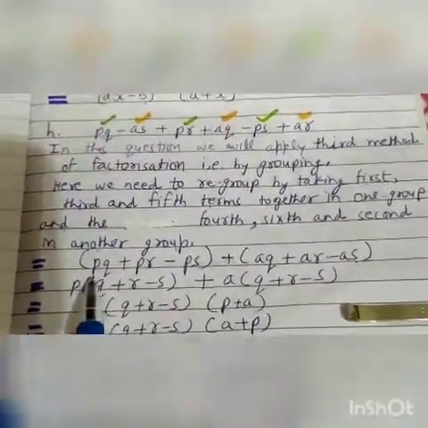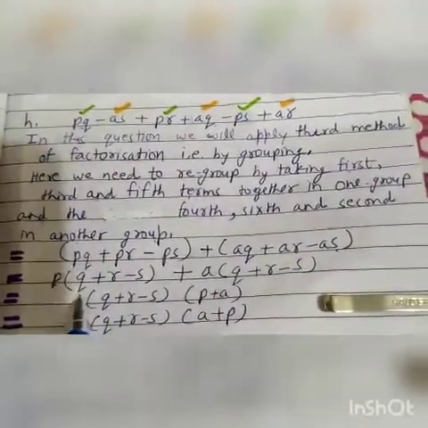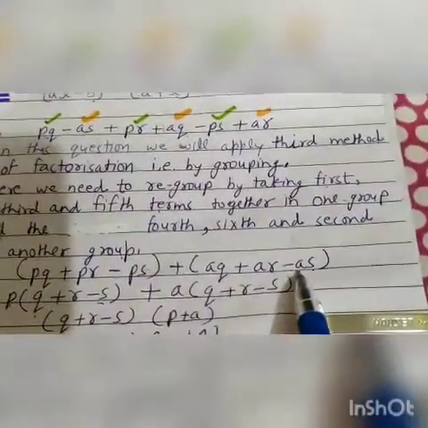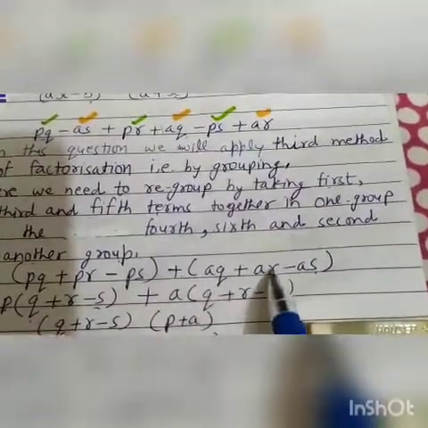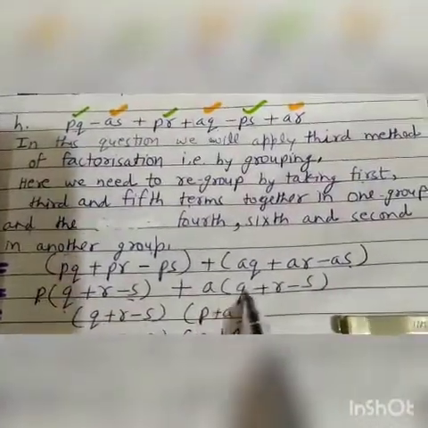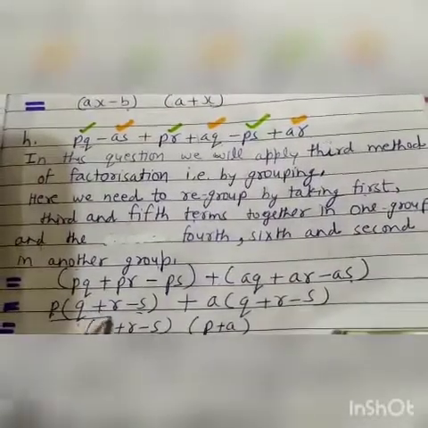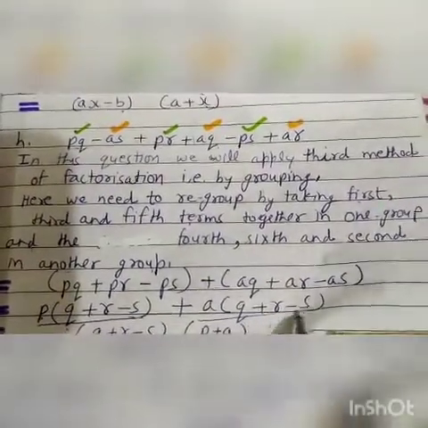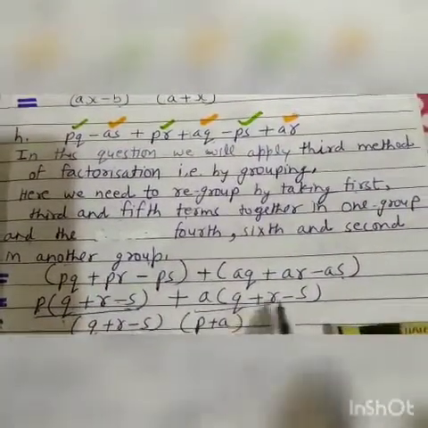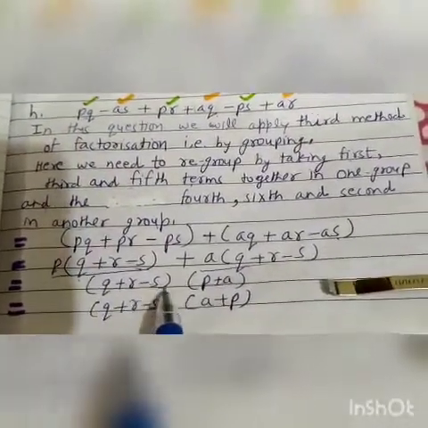Now we can take out common P easily. If we take out common P, then what is left? Q plus R minus S. And from the second bracket, A is common, then Q plus R minus S. So both brackets, we can consider as first term and second term. Both Q plus R minus S are the same, so we will take Q plus R minus S common.